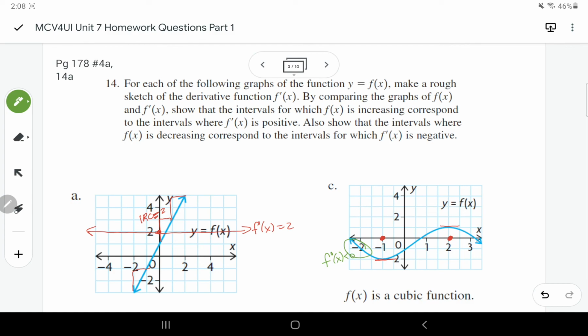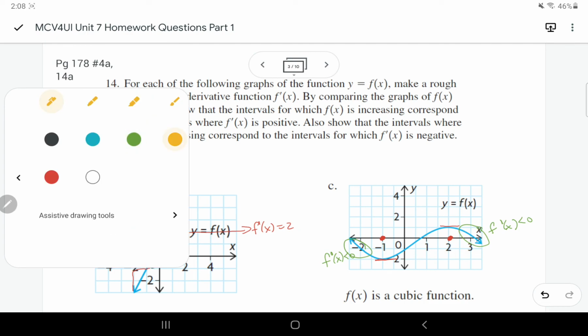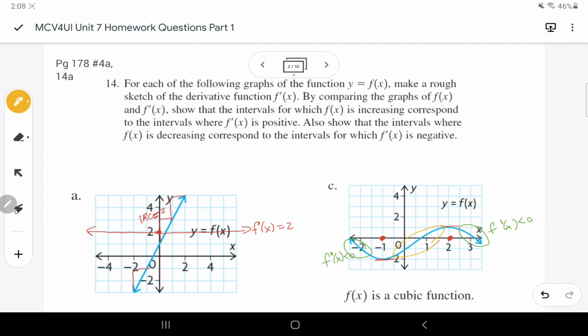So it's less than 0 because this is decreasing. And here it's less than 0 because it's also decreasing. And then in the middle, it's going to be positive. So for this middle section, we would have f prime at x as a positive value.